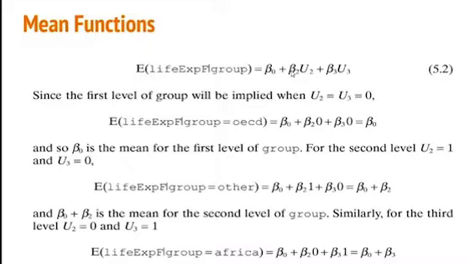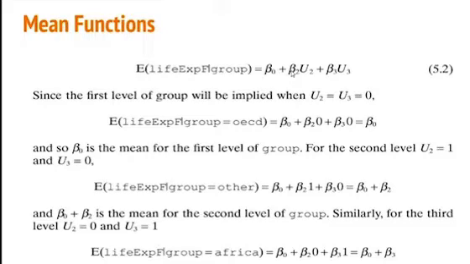Now, what are we talking about? A situation where we're only focusing on the group that is being referenced, then we're typically talking about intercepts. Does that make sense? We're typically talking about intercepts. And that was why I said beta naught is the mean for the first level of group.